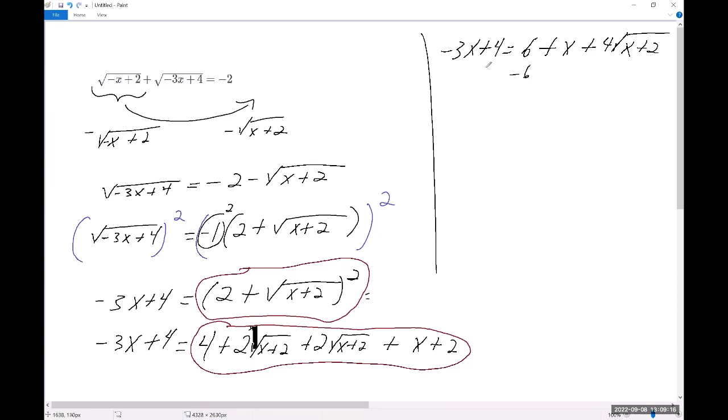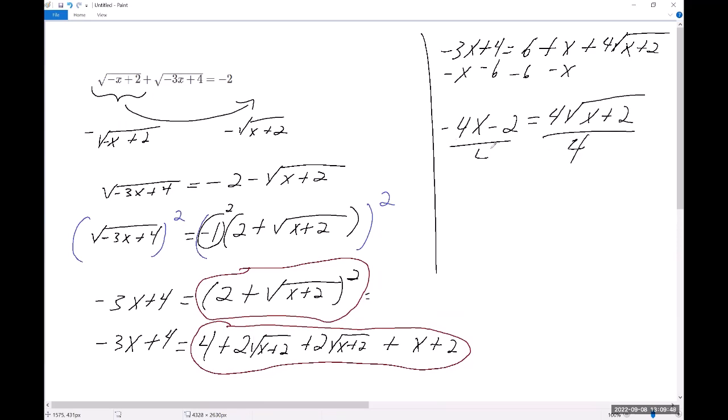Take out the, subtract the 6 and subtract the x. So that's minus 4x minus 2 is equal to, let me divide by 4, just because that's gonna simplify my work just a little bit.